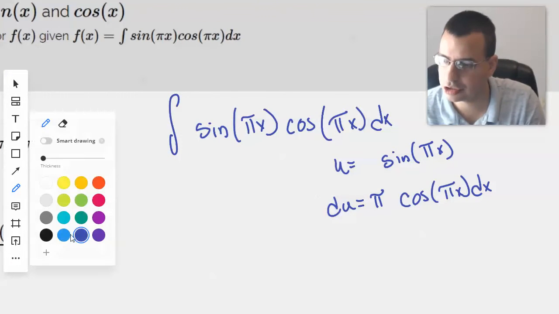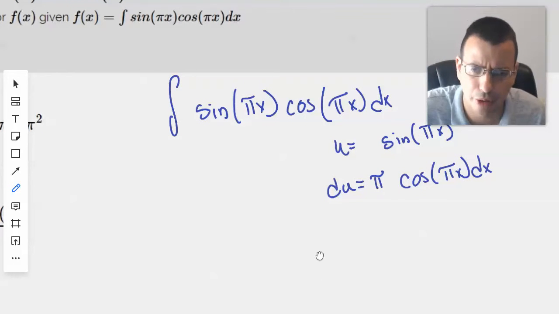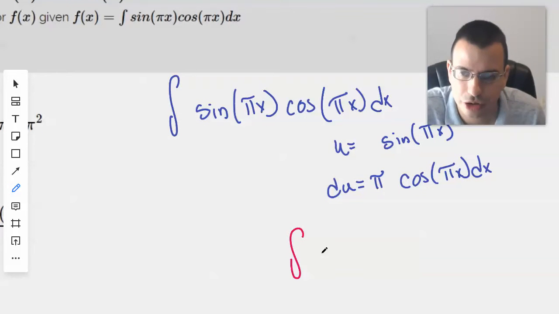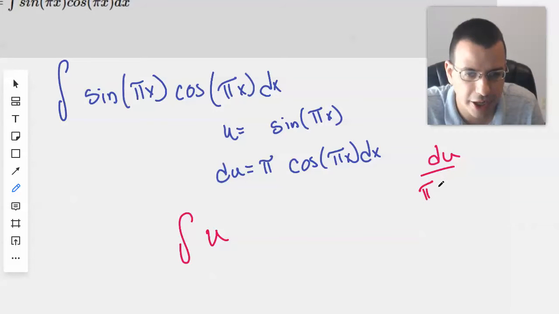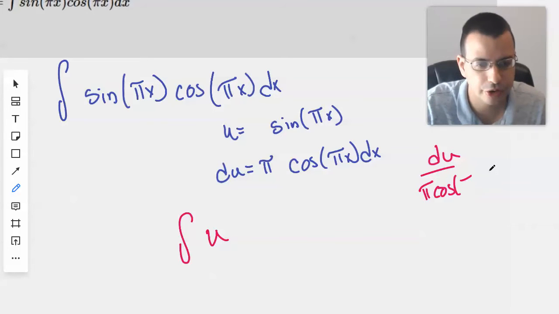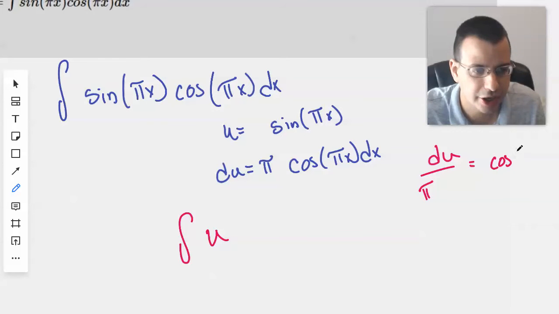All right, change colors. Ooh, red. Very bold. All right, so then we have the integral of u, and then, probably should solve for dx over here. Solve for dx, so du over pi cosine pi x equals, nope, we're going to do this differently, equals cosine of pi x dx.